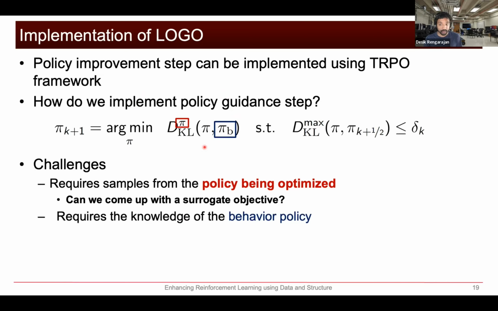Second, this objective also requires the exact knowledge of the policy pi-b. Can we estimate using samples from policy pi-b, because sometimes you might not have access to the behavior policy, but rather data from the behavior policy? Can we estimate this objective using samples from the behavior policy?